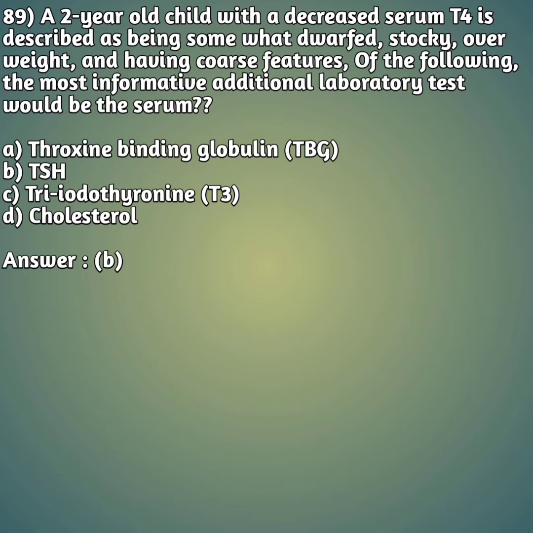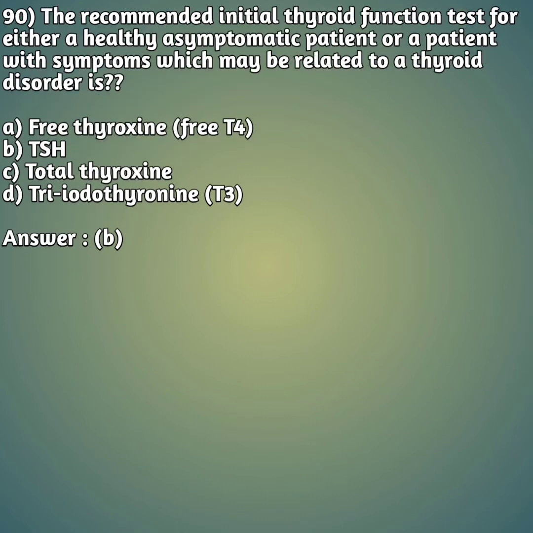Option B, thyroid stimulating hormone, that is TSH. Option C, tri-iodothyronine, T3. And option D, cholesterol. It is also a case history, here they are asking regarding the 2-year-old child. Okay friends, what will be the cause? So the right answer is option B, thyroid stimulating hormone. Moving on to our next question.